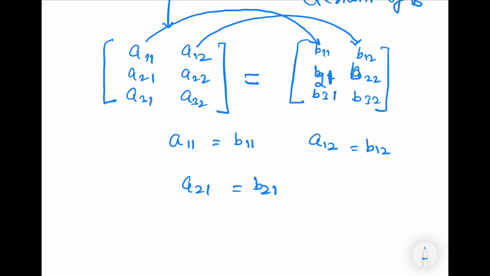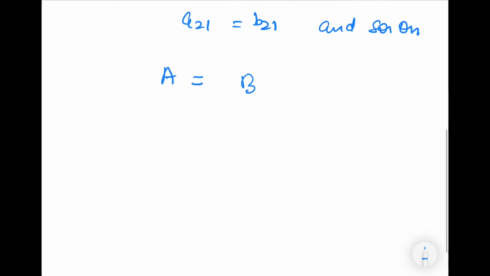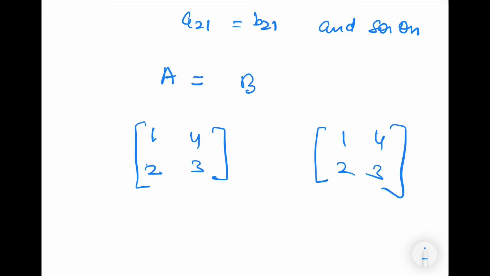Then we say that matrix A is equal to matrix B. Now, take an example. Let us say that A is equal to 1, 2, 4, 3. Then B must also be 1, 2, 4, 3. Then they are said to be equal.